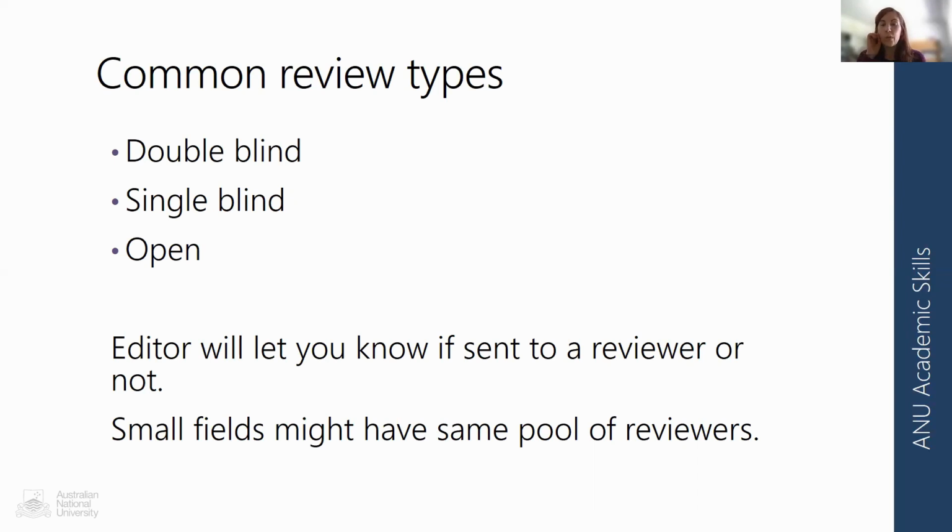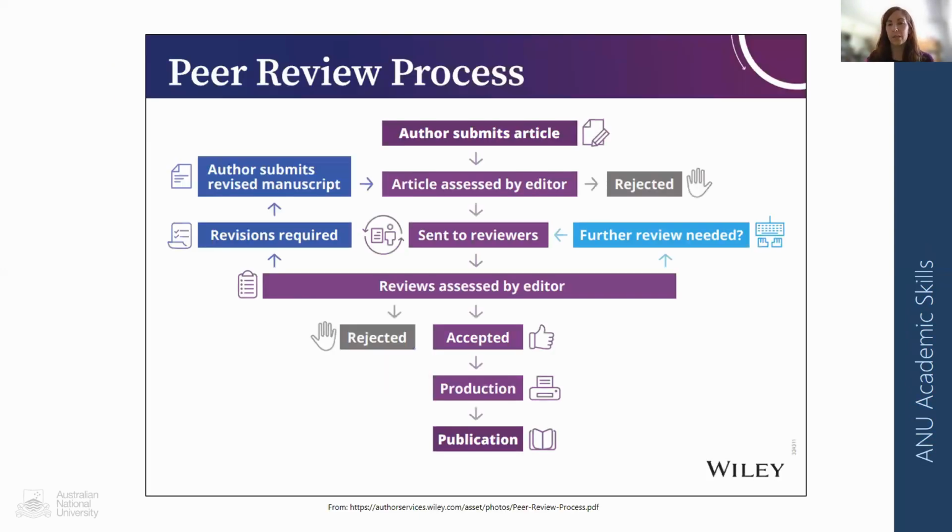So the editor will let you know what's going on, if it's been rejected or if it's being sent off to reviewers. And here's the process. So you submit your article, assessed by the editor, might get rejected, hopefully not. Hopefully you've targeted appropriately, and then it will be sent to reviewers and they will review it and make their decision.